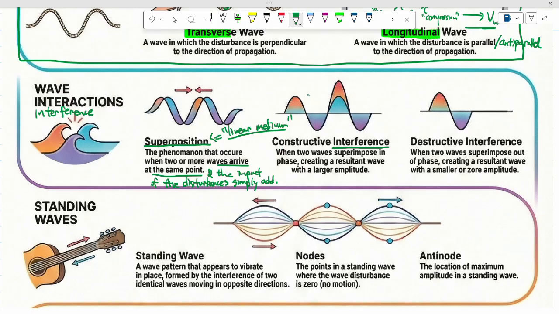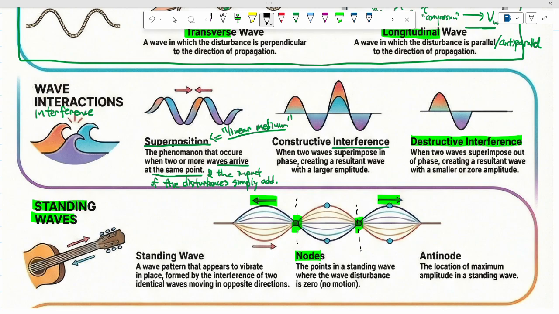You will get to see these features most clearly in the example of standing waves. In standing waves, you have places called nodes where destructive interference occurs. That's where, the way the waves are set up, these two counter-propagating waves, one traveling to the right, one traveling to the left, happen to cancel each other out at all times at these locations.